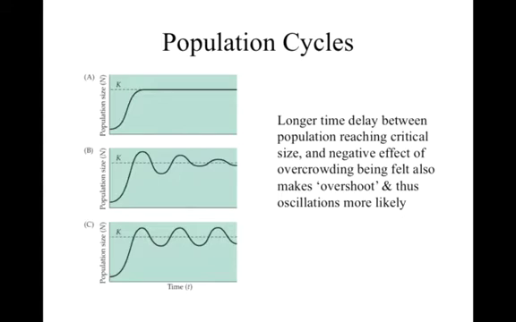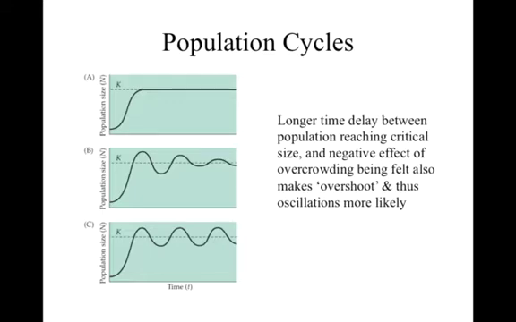But if it takes a year or two, and your population gets really big and then the effects of density start causing death and animals dying or not breeding, then you are more likely to get these oscillations. And if your delay is just a little bit too long, then you'll get damped oscillations. And if your delay is really long, you'll get sustained oscillations or even chaos.